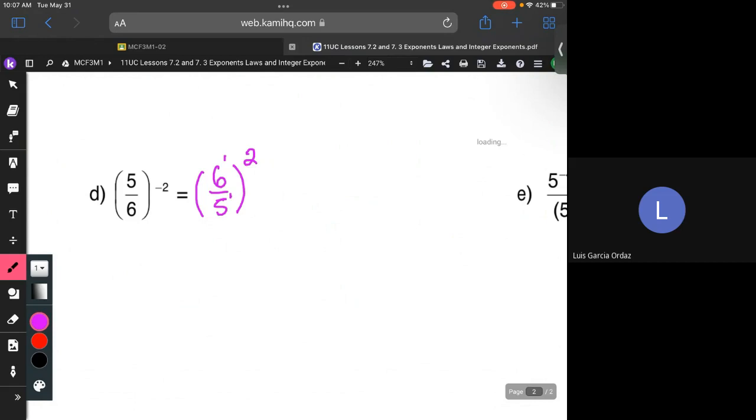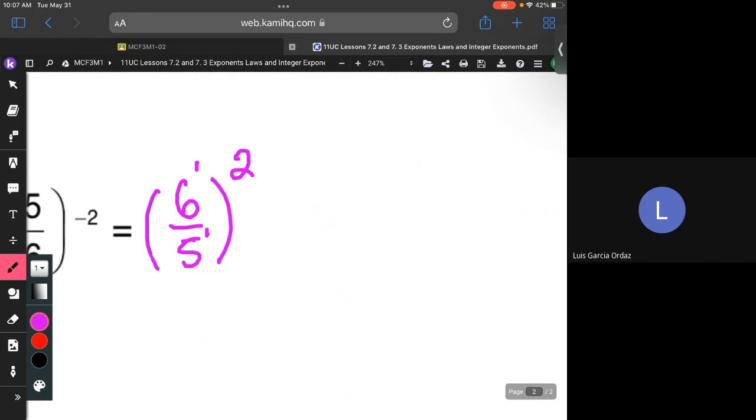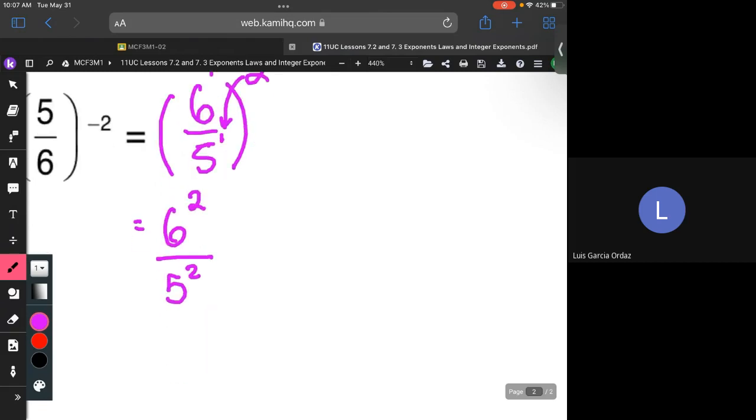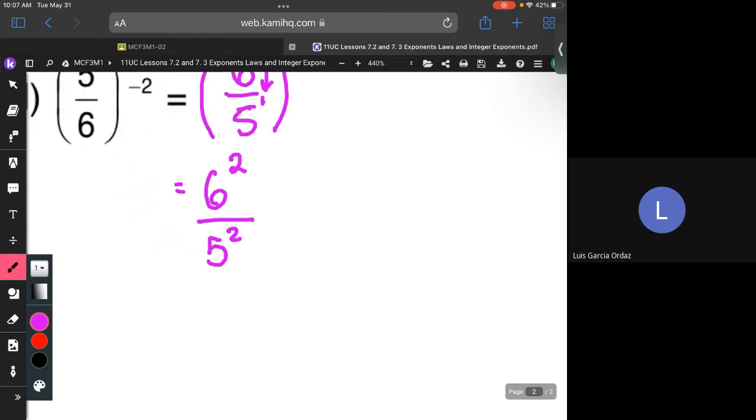So whenever we have this type of question, you have to distribute this 2 into each of these exponents using the power of a power, which means we have to multiply the exponents together. So 6 to the power of 1 to the power of 2 just gives me 6 to the power of 2. And 5 to the power of 1 to the power of 2 just gives me 5 to the power of 2. So this can be written as 36 over 25.